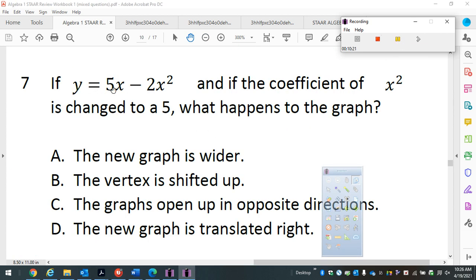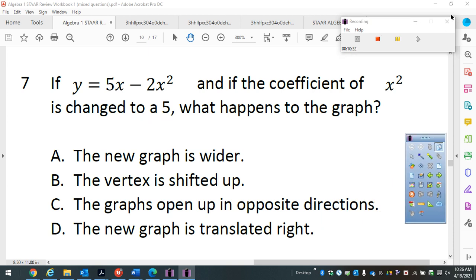Okay, guys, if y, this thing right here, quadratic, you see this? And if the coefficient changes to a 5, what happens to the graph? Ooh, I have no idea. I really don't. Let's graph this thing.